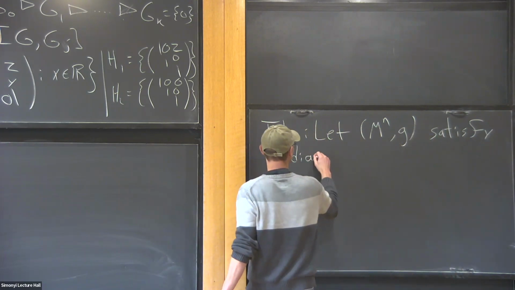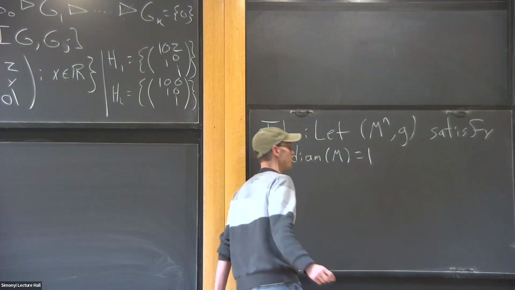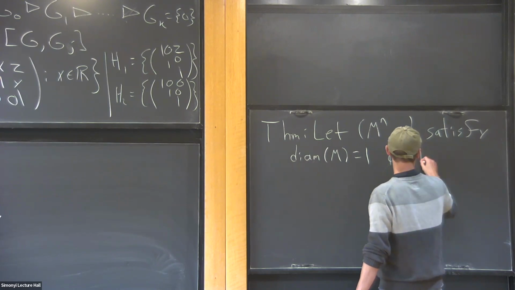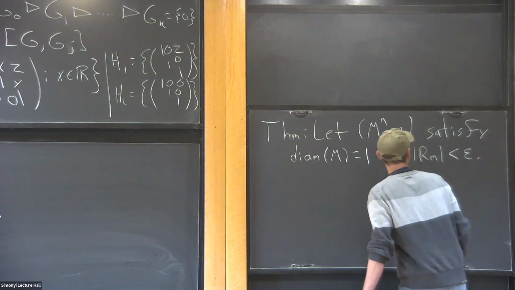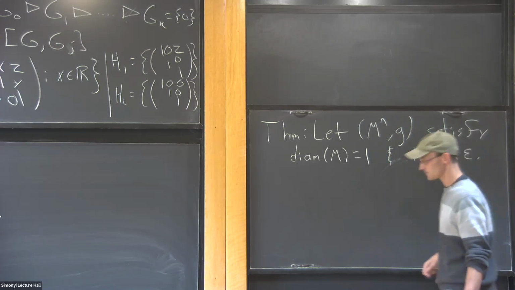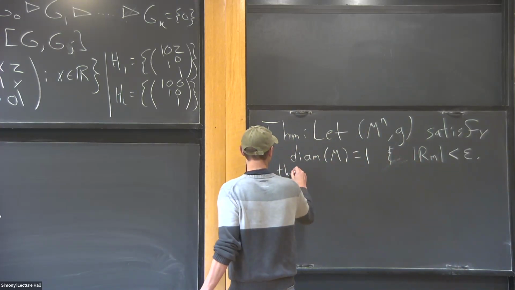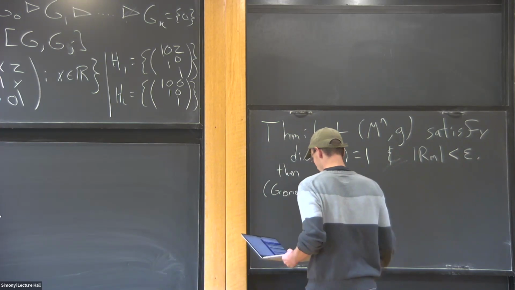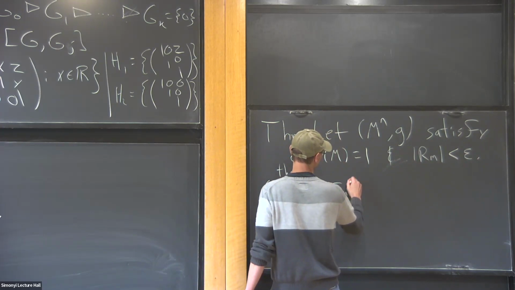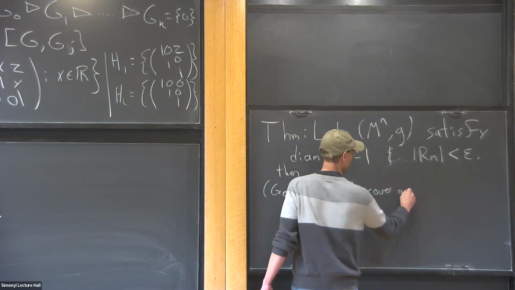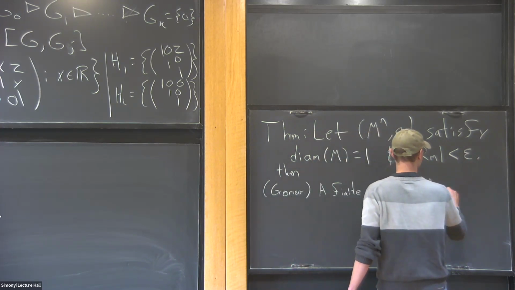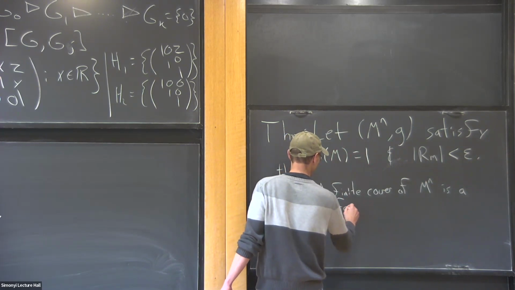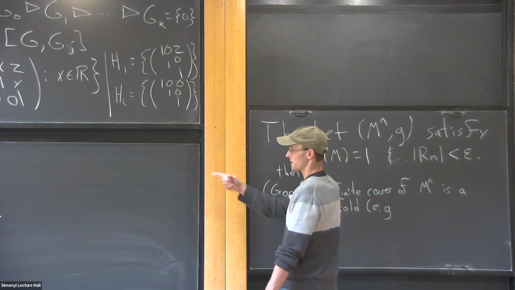Satisfy diameter of M equals 1, just for normalization's sake. Less than or equal to 1 is fine. And curvatures are small, so I can take the norm with respect to the metric and ask it to be small. Then up to finite covers, M is a nilmanifold, e.g., one of these guys.